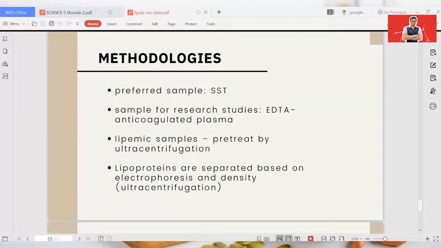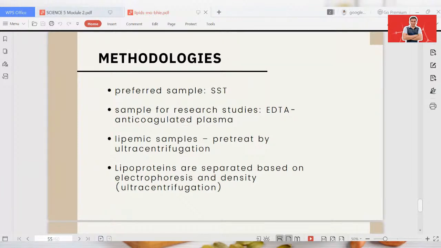So, for the lipoprotein methodologies, the preferred sample na ginagamit is the SST or the serum separating tube. Then, the sample for research studies is the EDTA anticoagulated plasma.